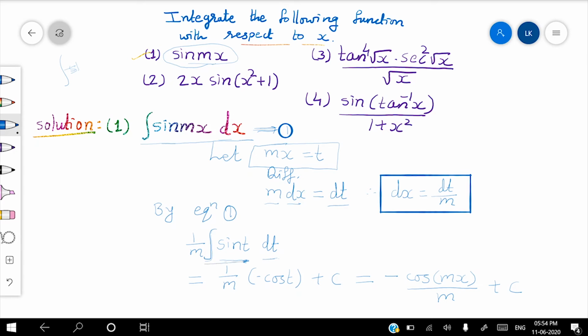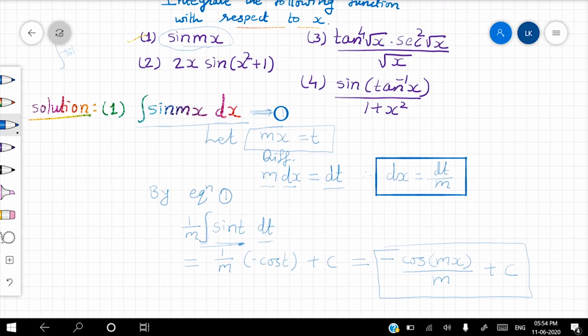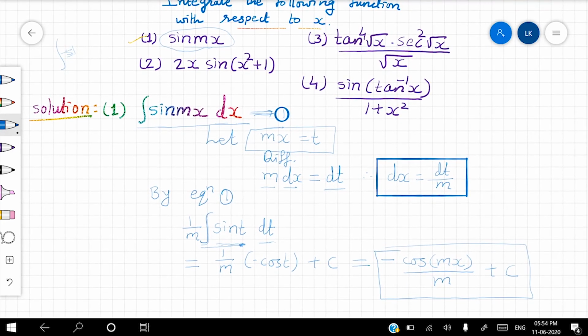Okay, now what is the integration of sin t? Correct, it is minus cos t, remaining as it is. Then, putting the value of t, which is mx. This is our final answer. Okay, this is the substitution method in mathematics.